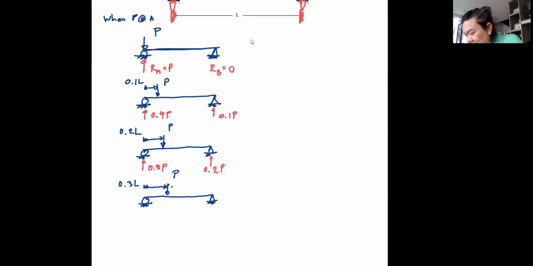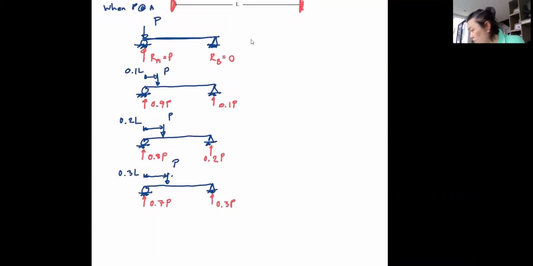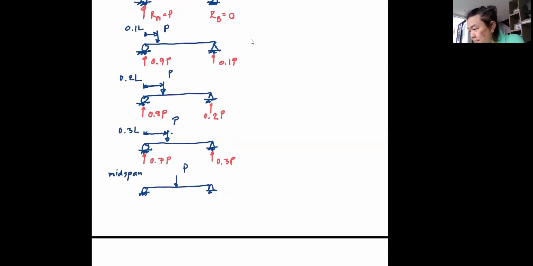So now you should be able to guess that this reaction is 0.7 P and this is 0.3 P, right? I can move it so on and so forth. I can continue to move until it reaches the midpoint, or mid-span. When I reach mid-span, my reactions are equal.